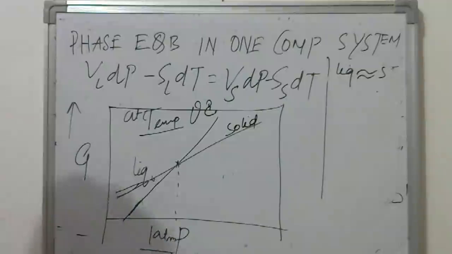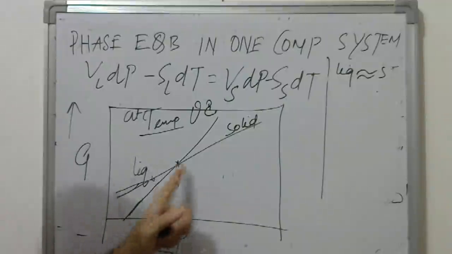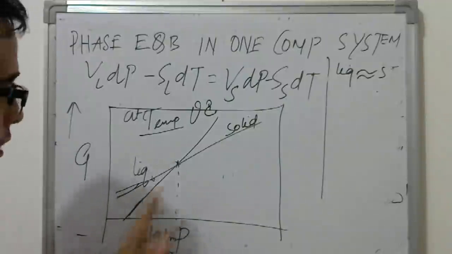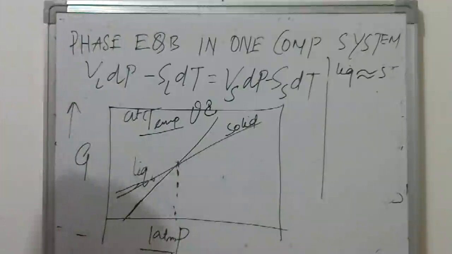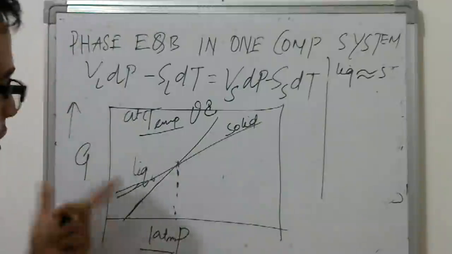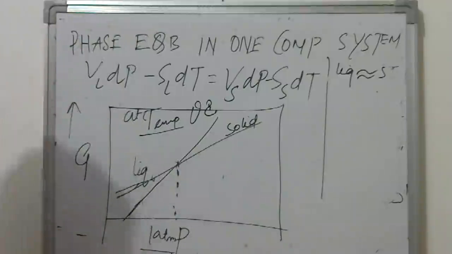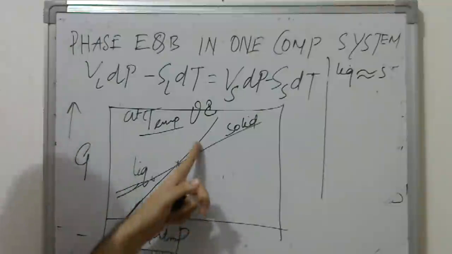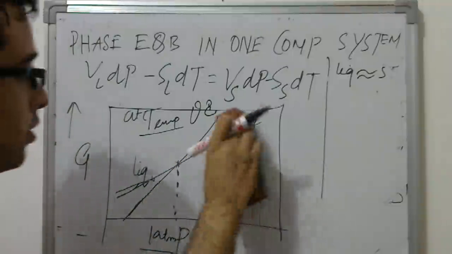This is at 0 degrees centigrade, and let's say this pressure is 1 atmosphere. Now look at this. If you increase the pressure, which is the variable, either you will lie on the liquid line, so this is liquid.